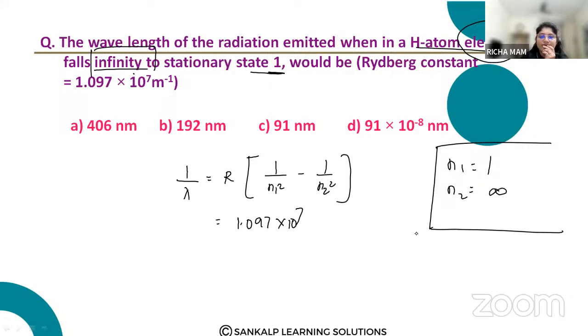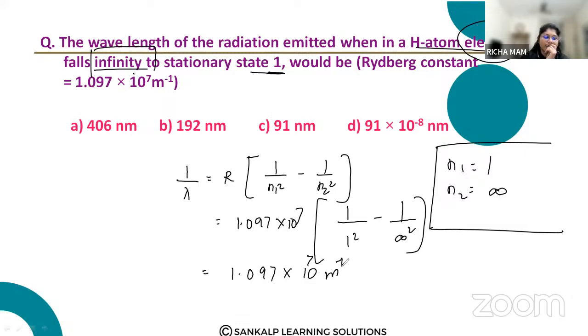So let us put the values and find out. So 1 by 1 square minus 1 by infinity square. Then 1.097 into 10 raised to 7 per meter.